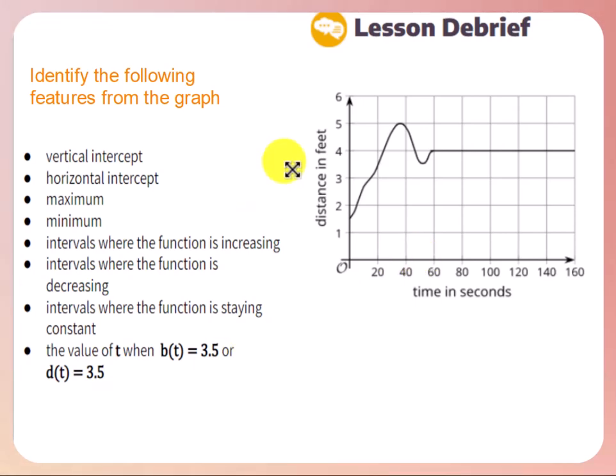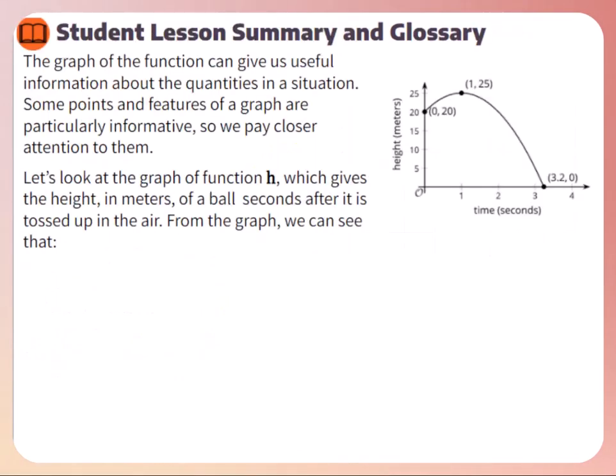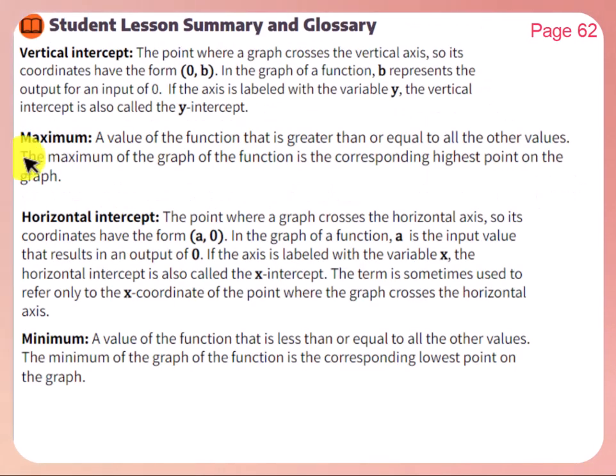So learn how to look at the graph and how to read function notation. Go through the summary and glossary, go through this on your own. Look at the examples, highlight what is important, and make sure that you're going back over what we did in the lesson so that you can learn it and we can build on it and move forward.